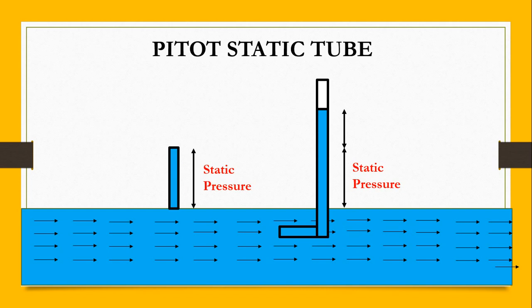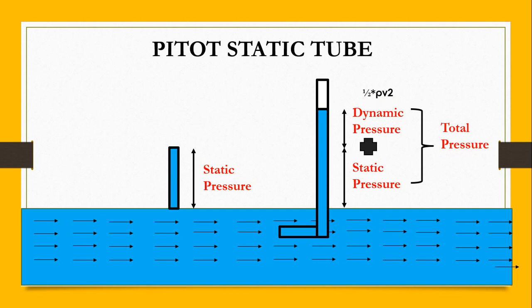So here we can see the static pressure at point 1 and at point 2 both remain the same, but the pitot tube measures the dynamic pressure also. The combination of both static and dynamic pressure is called the total pressure or the stagnation pressure.